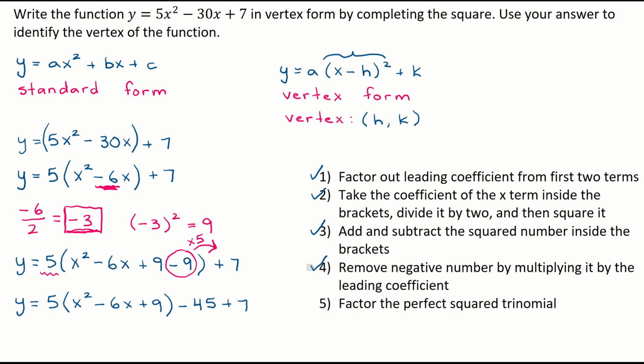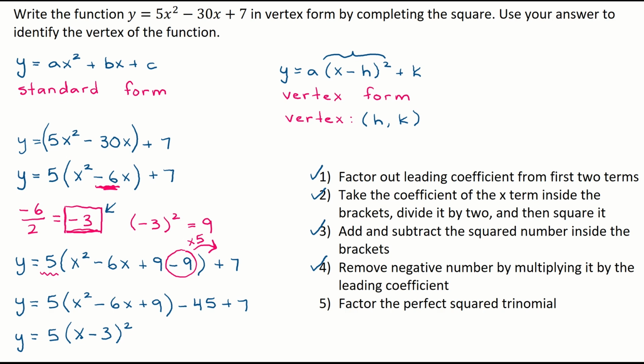Now we get to the very last step, which is to factor the perfect square trinomial. Remember at the beginning where I said that this negative 3 is important? The negative 3 comes into play right at the end, because in order to factor that, it's just x and then whatever that number is, so (x minus 3) squared.